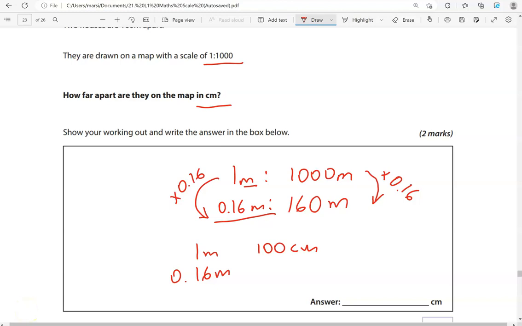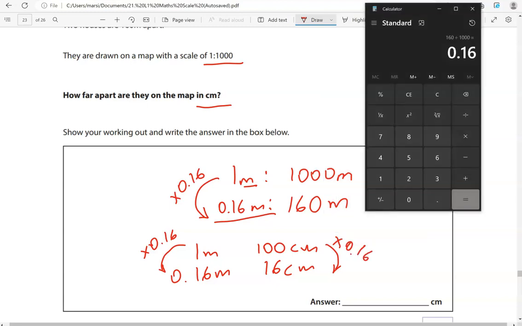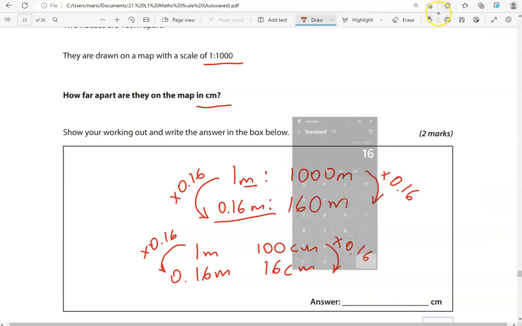That is 16 centimeters. But if you don't know that by heart, you can just do 1 times 0.16 gives us 0.16. So we'll do the same here. So 0.16 times 100 gives us 16. So that is 16 centimeters.